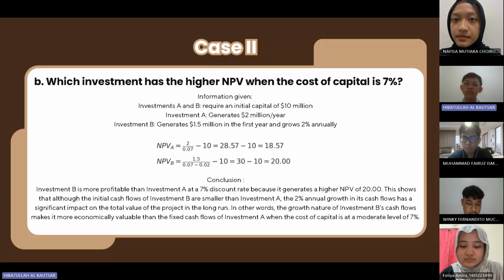In other words, the growth nature of investment B's cash flow makes it more economically valuable than the fixed cash flow of investment A, when the cost of capital is at a moderate level of 7%.